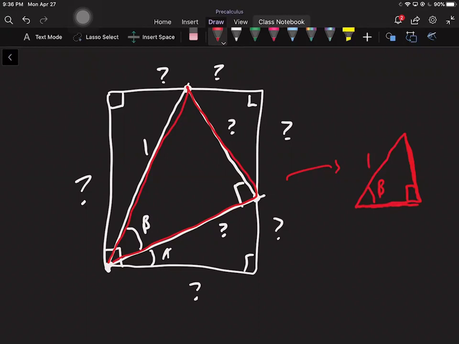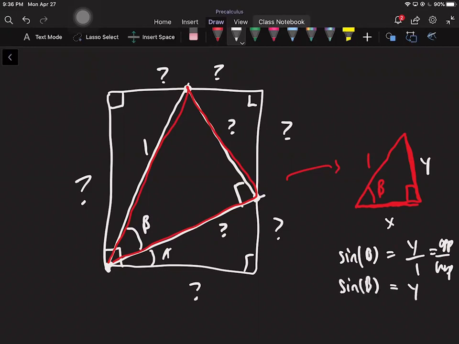So what do we know? We know things like, if I call this y and I call that x, then I can say that sine of the angle is opposite over hypotenuse. And so I can say that y is just sine of that angle.